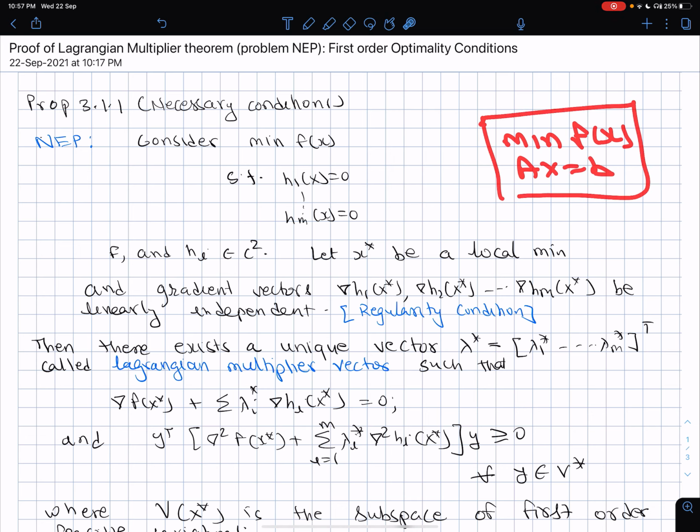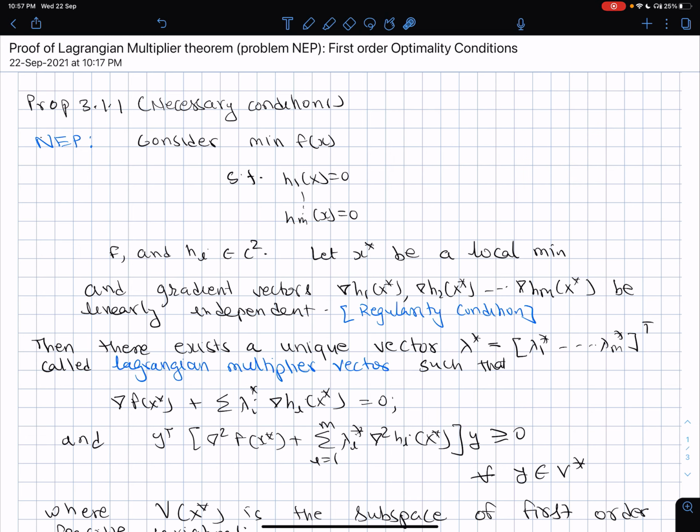And the earlier problem was where we had Ax is equal to b. This one is the LEP problem, and for this problem we proved the Lagrangian multiplier theorem under the regularity requirement that rank of A is equal to m, where A is an m cross n matrix, so full row rank condition. Then if x star is the optimal, then this will go to 0.